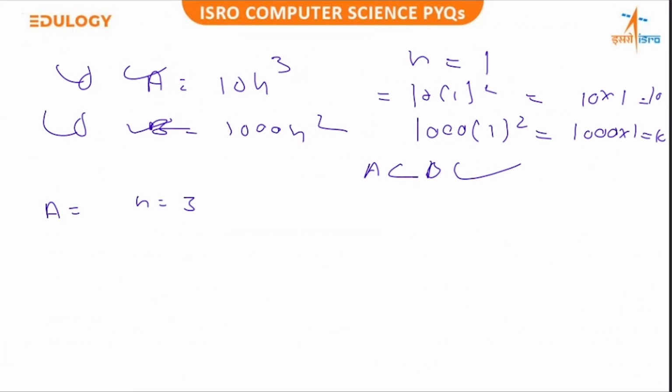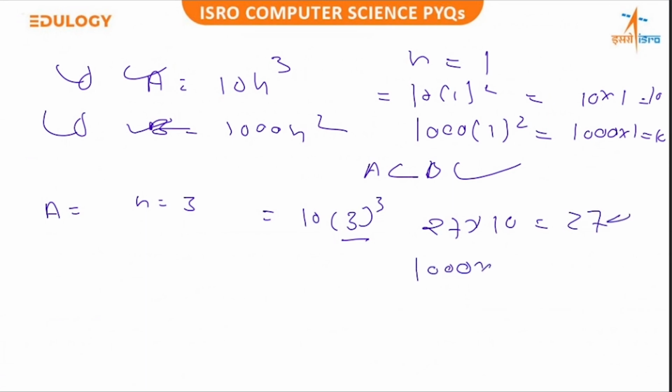Again B will be greater than A. Okay, let's see. 10 times 3 cubed is 27 times 10, which is 270, and 1000 times 3 squared is 9000. Yeah, sir.